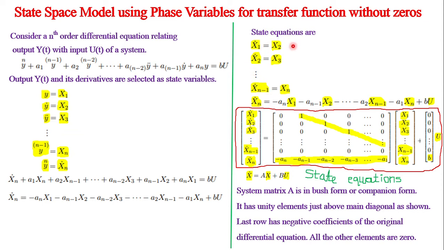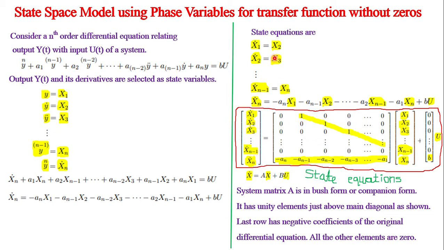These n state equations are written in the form of vector matrix notation. We know how to write the vector matrix notation. So the derivative of the state vector is on the left hand side. On the right hand side we have the state vector and the input. So we have to write it in the form x dot equal to Ax plus Bu. So here n derivatives of state are there.